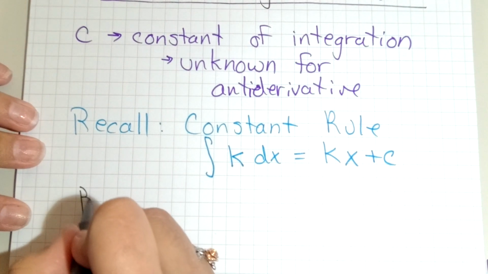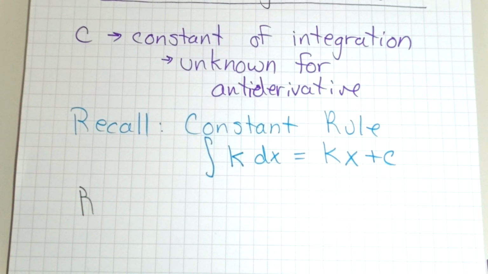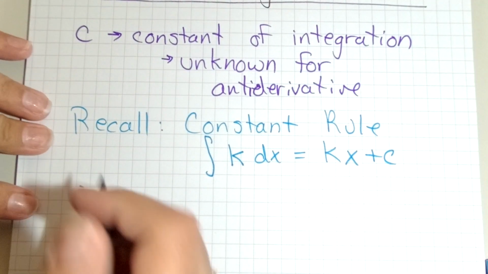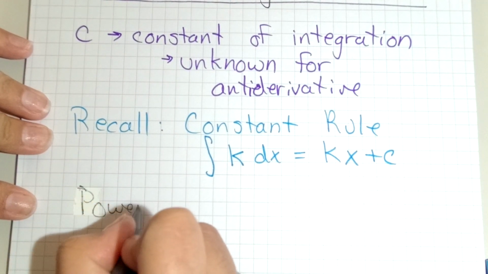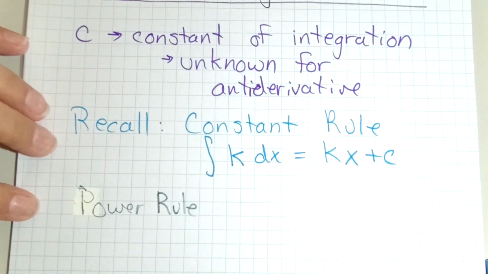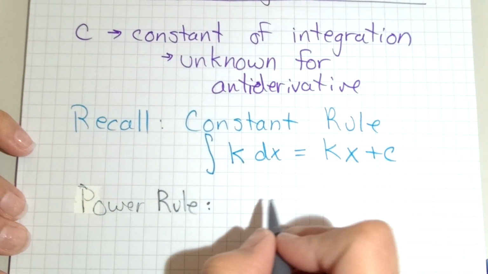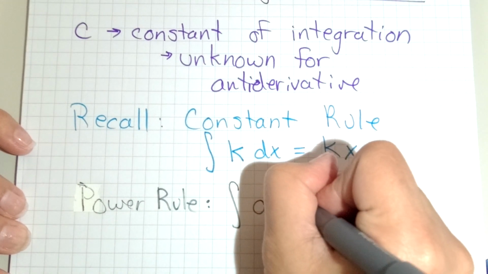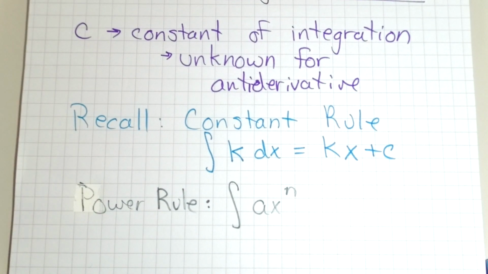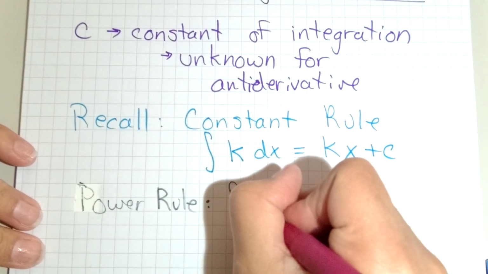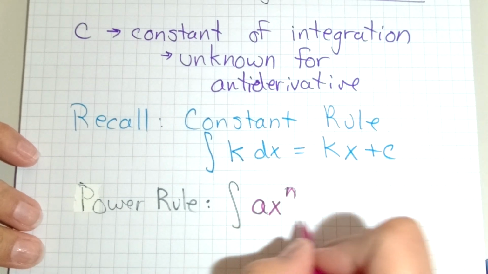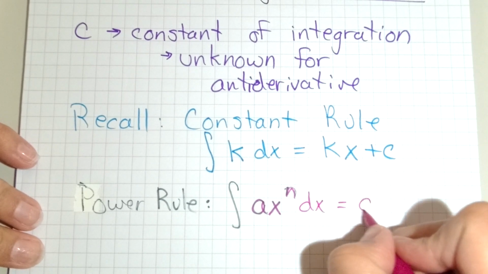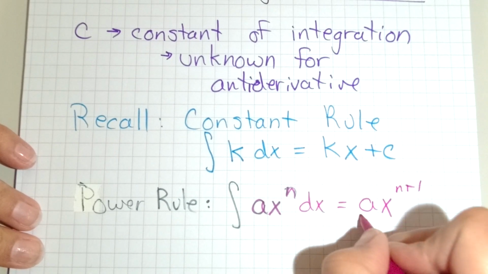We're also going to need to remember the power rule. The power rule says that if I have ax to the n, where a is my coefficient and n is my exponent, then I add 1 to the exponent and divide by that same thing.